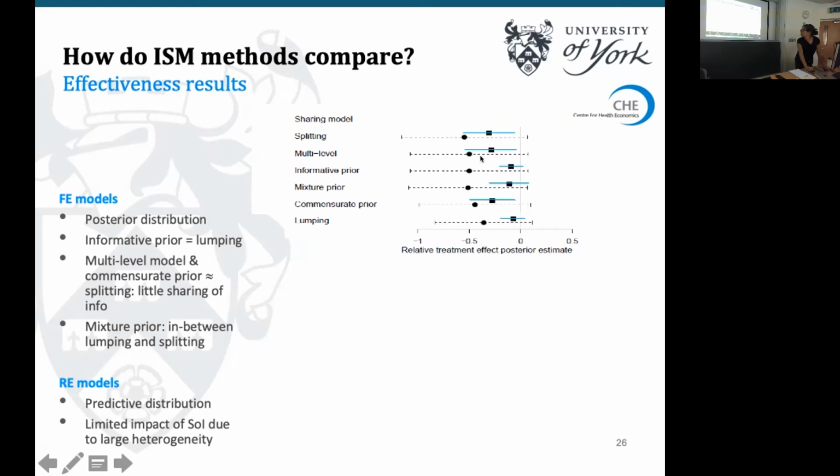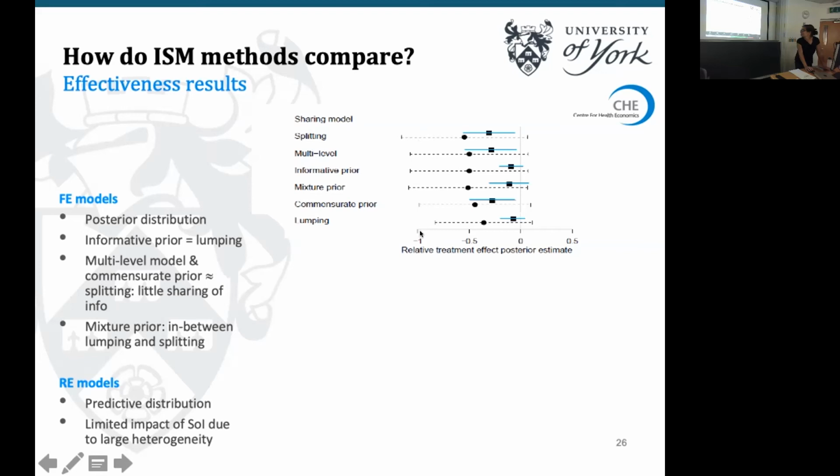The multi-level model here and the commensurate priors retrieved distributions very similar to the splitting, so they didn't promote much sharing with the children's evidence, and the mixture prior is somewhere in between.